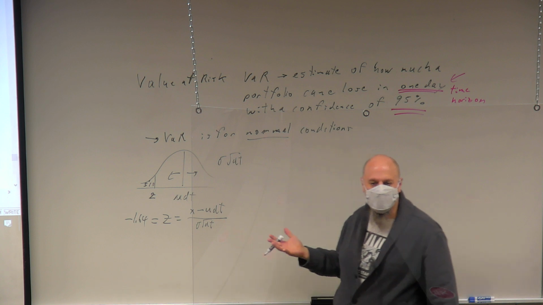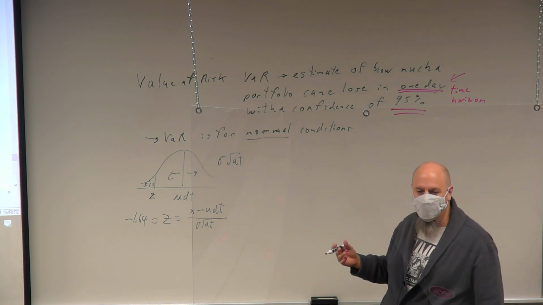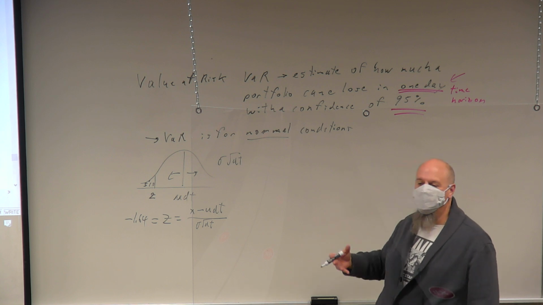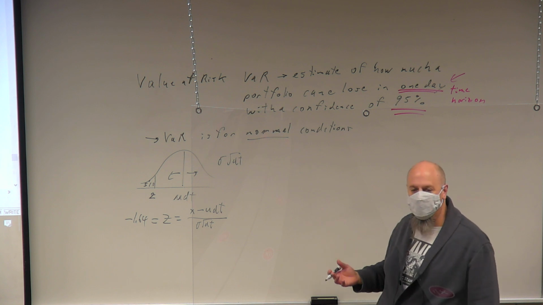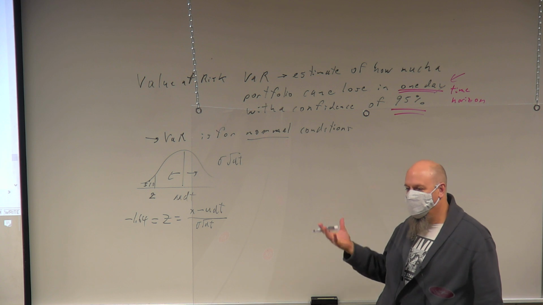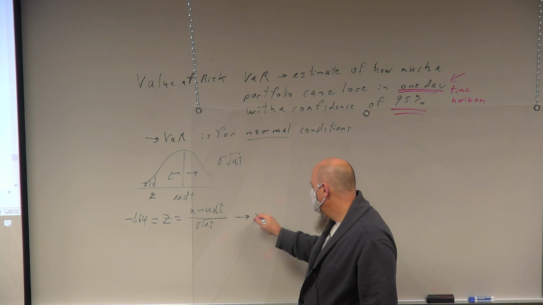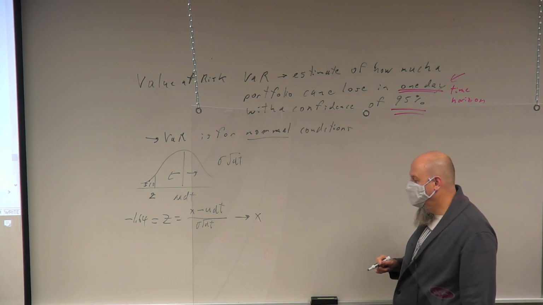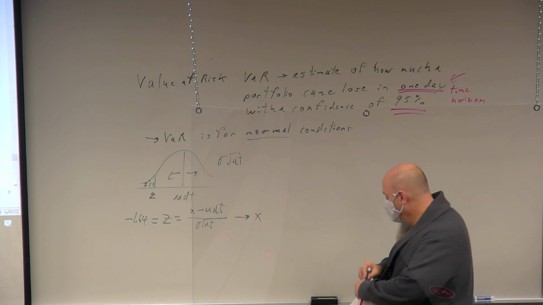I'm going to need to look that up on the Z table in the back of a textbook, or I guess now we would just look on the internet. But those are standard scores. And if you were always quoting 95%, that 1.64 would be a number that you would just know. And so I could figure out what the X is from this. There's your value at risk in a picture.